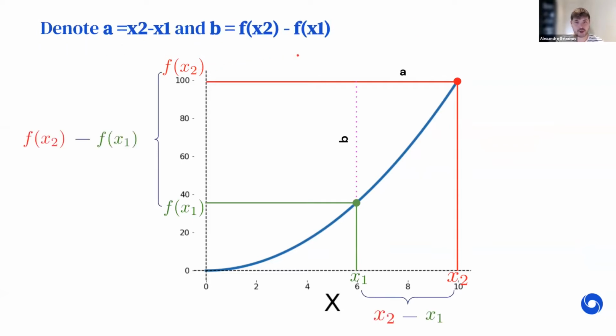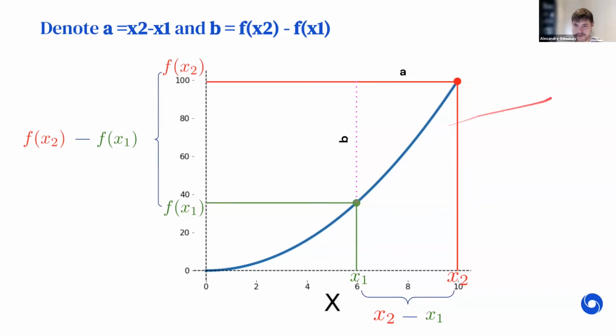Let me denote b as the difference between the values, and a as the difference between the x's. I didn't do anything here on top of what I've done before, I just denoted these two terms as b and a.